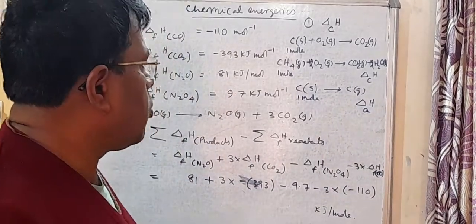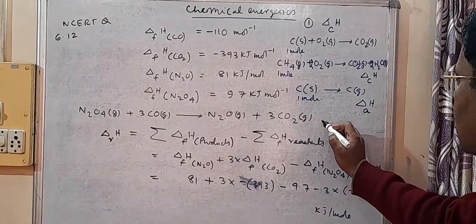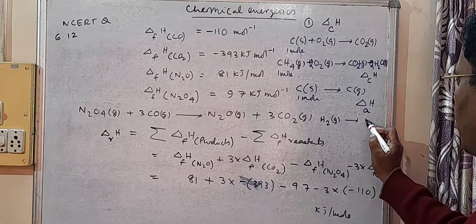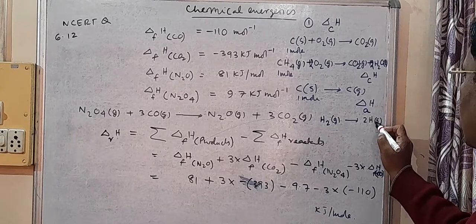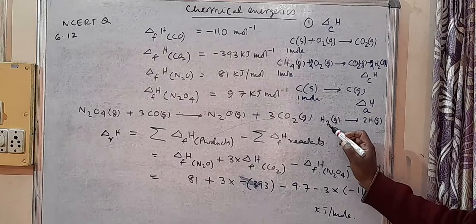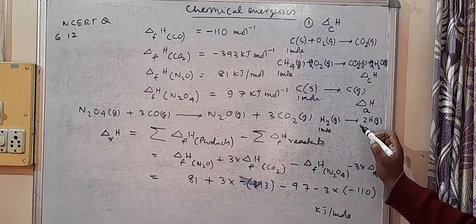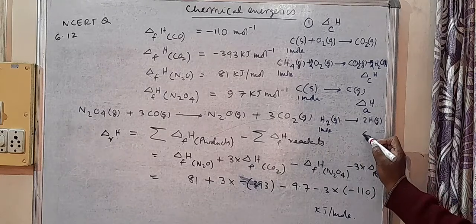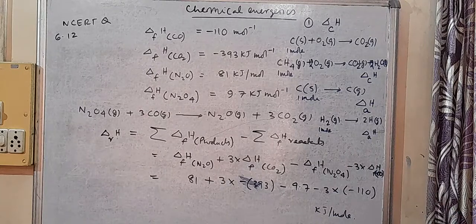Let me give one more example. Suppose H2 gas gives 2H gas. Here we have 1 mole of hydrogen, and that is changing into atoms, and the enthalpy change here is called the enthalpy of atomization.